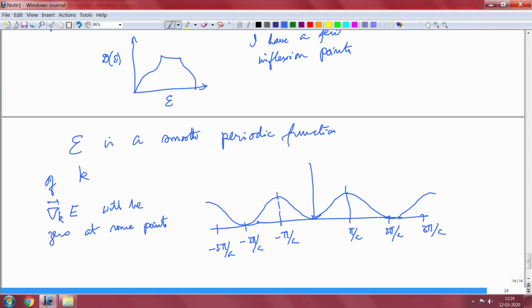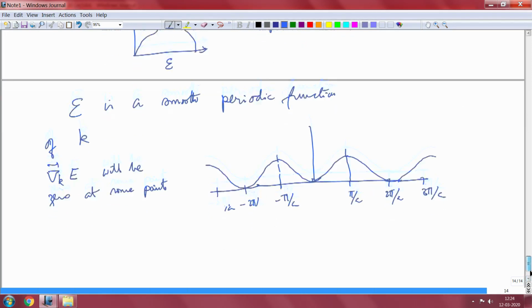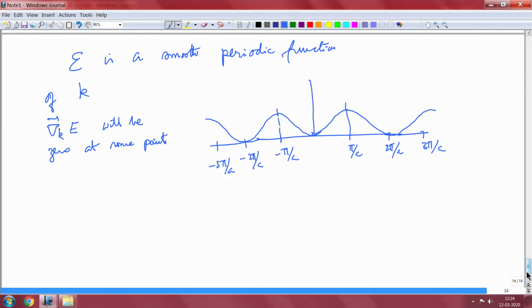So, that is Rolle's theorem, and what we have is just a generalization. So, del K E will be 0 at one of these points, and if del K E is 0, the integrand in d of E will be singular, it will blow up. But even if the integrand blows up, the integration can still be done.